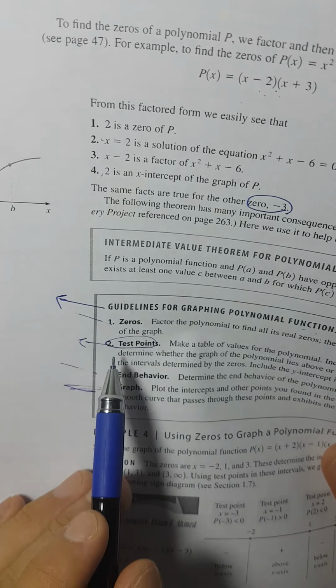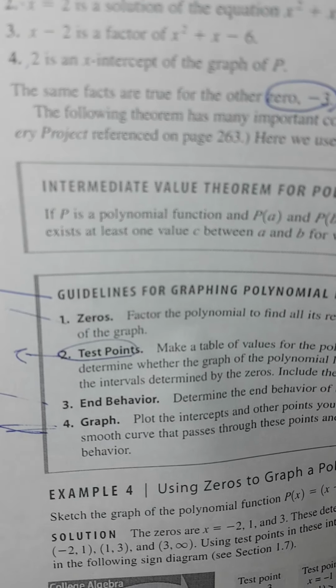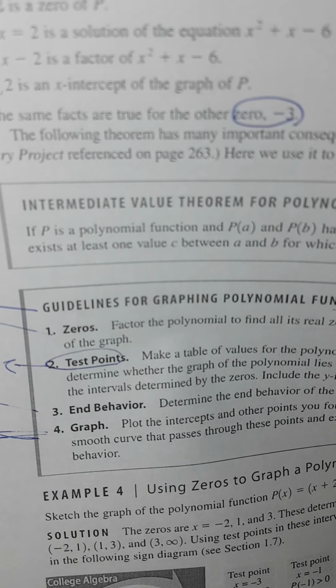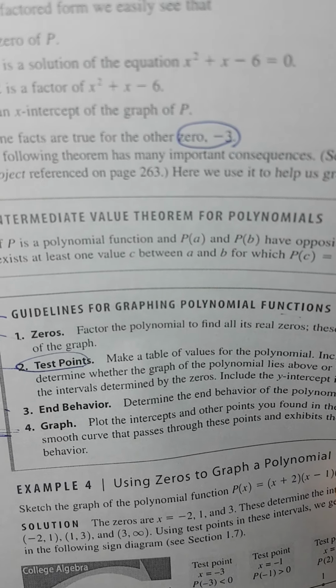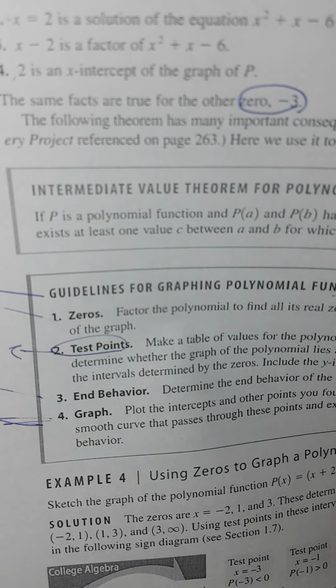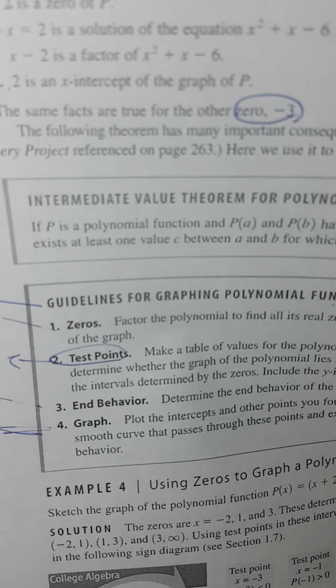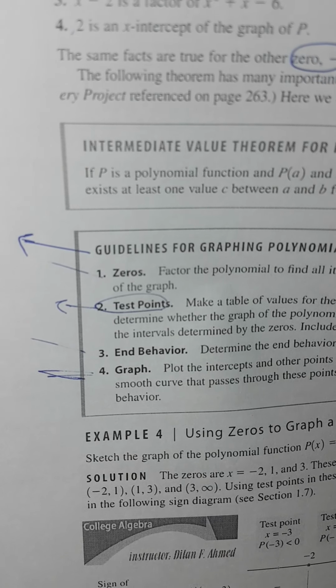Do not forget about testing. I think you heard about test points in chapter 1. Remember that I told you, especially for solving inequalities in 1.5. So these test points are very important for sketching our graph.